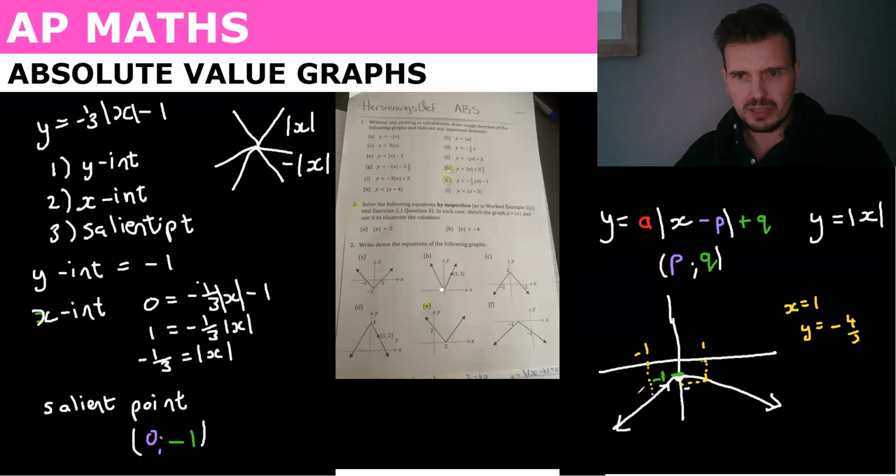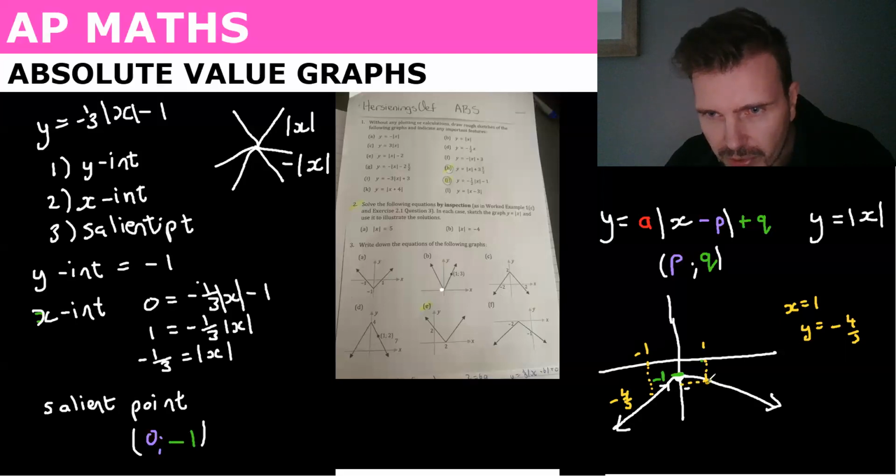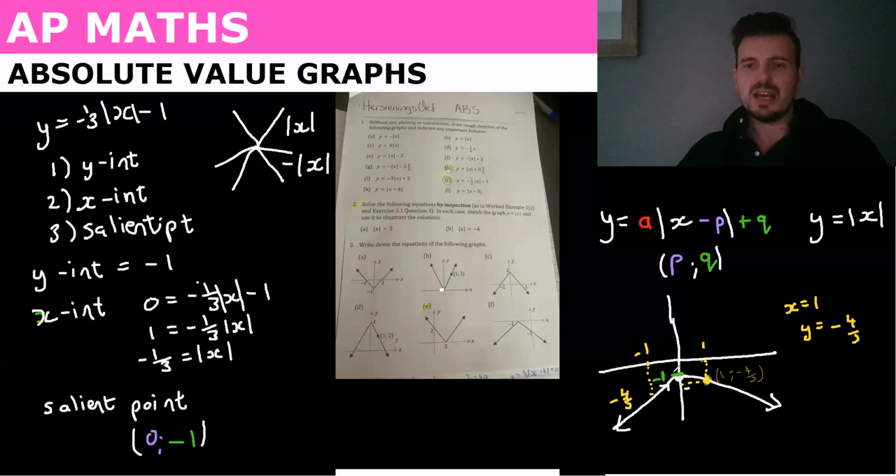So this is (-1, -4/3) as well. I should be doing this in a smaller pen. So I'll just do this point again: (1, -4/3) is another point. If they want another point on the graph, because the salient point and the y-intercept are the same, you can't really draw lines through any points unless you substitute a value in for another one.